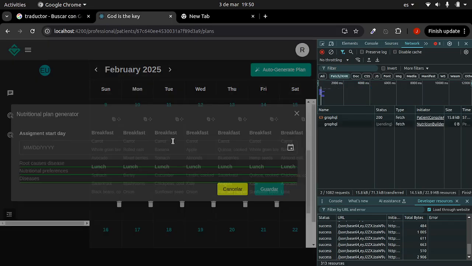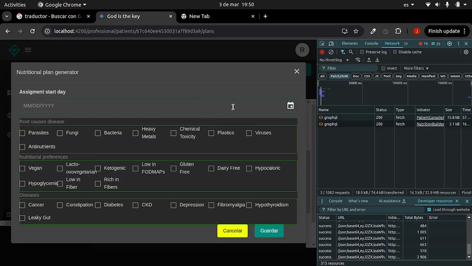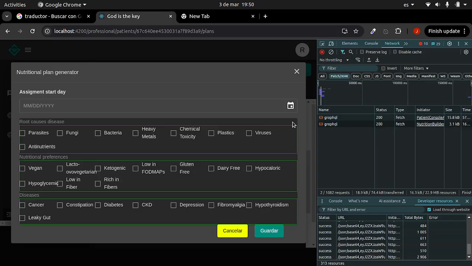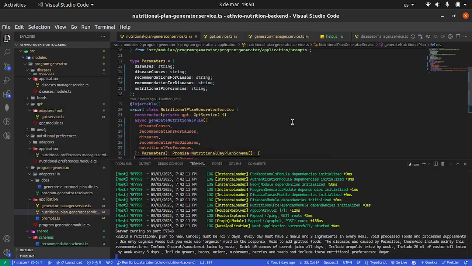I still haven't created more inputs to customize the number of meals per day and the number of ingredients. Afterward, I will create that. Avoid processed foods and processed supplements. Use only organic foods, but don't use the word organic in the response.